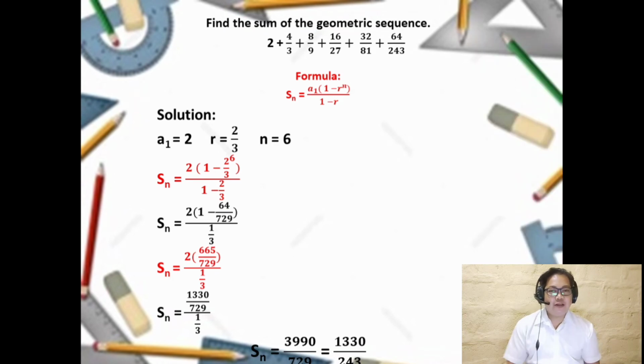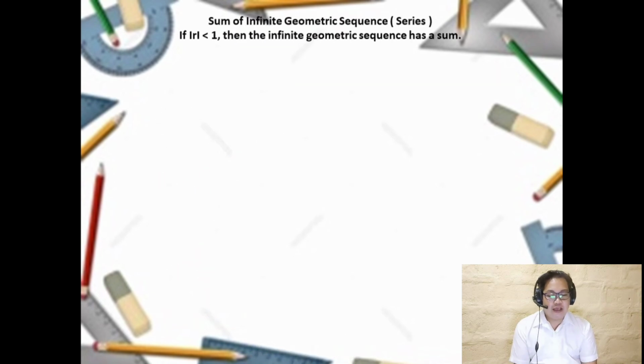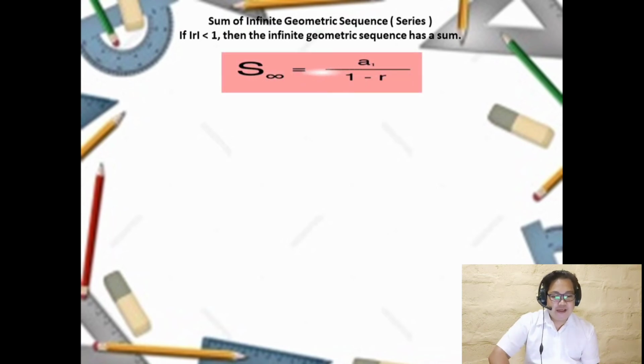Okay, doon naman tayo sa pangalawa, sum of infinite geometric sequence. So, if the absolute value of the common ratio, which is r, is less than 1, then the infinite geometric sequence has a sum. Let's have the formula of this infinite geometric sequence.